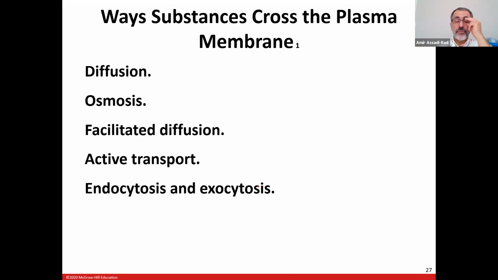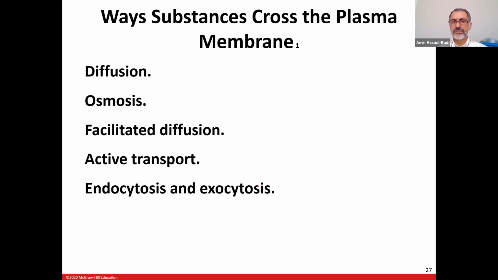Facilitated diffusion, well, when molecules go across the membrane, if there is no ATP needed, that's called facilitated diffusion. If ATP is needed, it's called active transport. As simple as that. And then endocytosis and exocytosis, it's when a large molecule, large amount of fluid or solid, what have you, gets inside of the cell or gets outside of the cell.